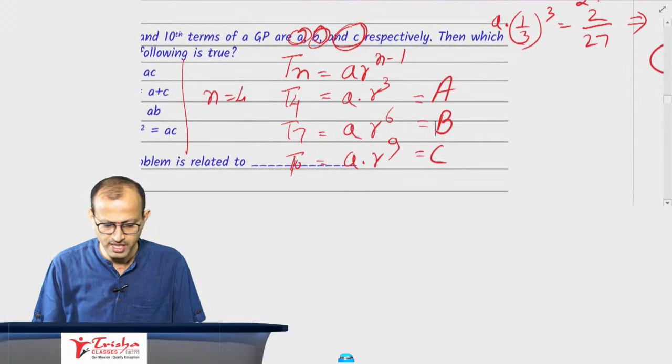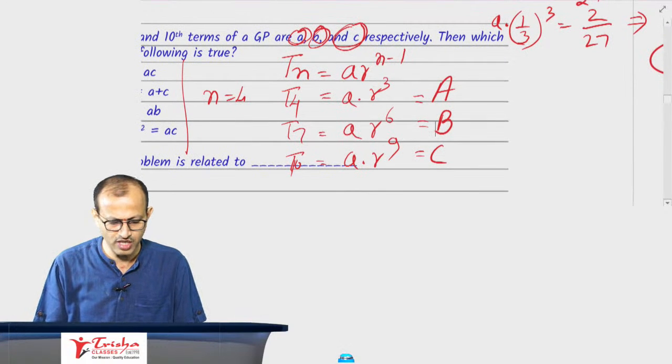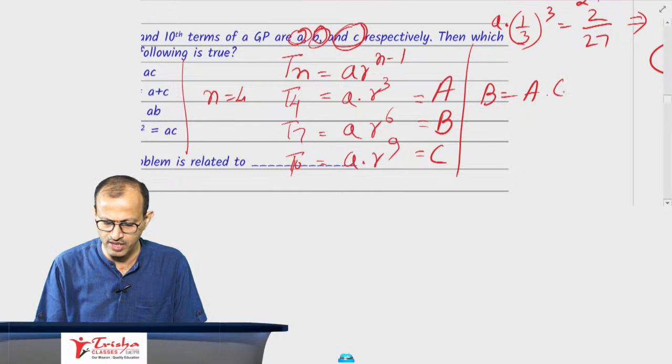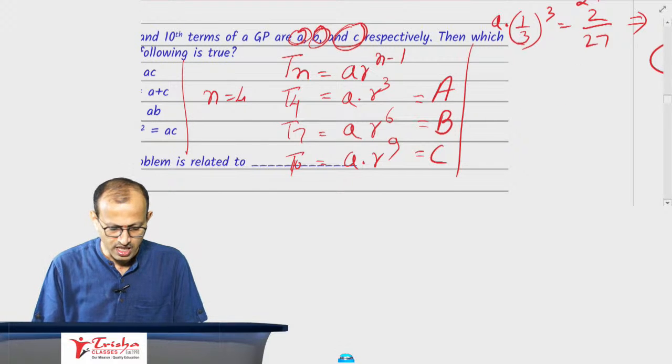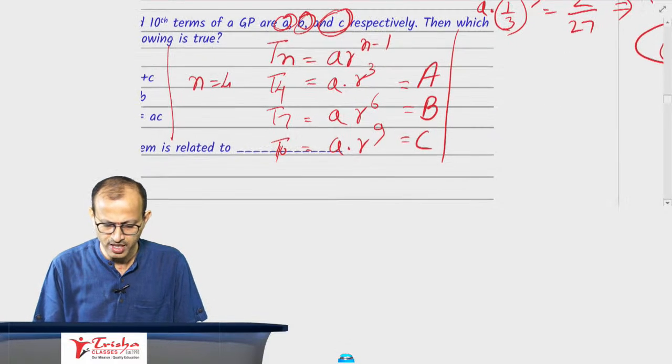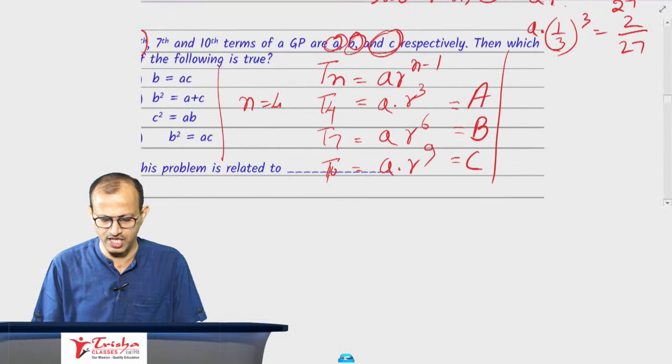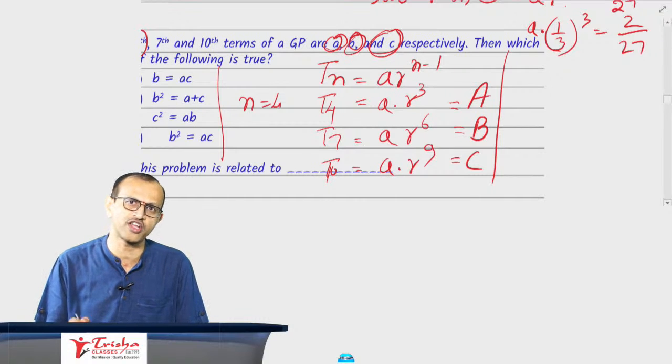They say B is equal to AC. So I will try each of these. B is equal to AC. So B means capital letter. For all of this, I will take capital letters. B is equal to AC. Here, A r to the power 3, A r to the power 6, A r to the power 9, which of the following is true?